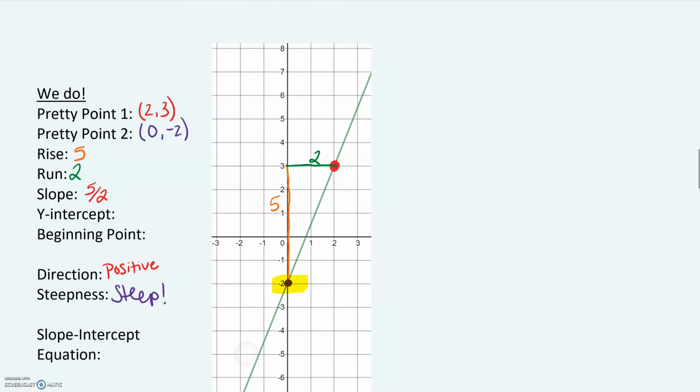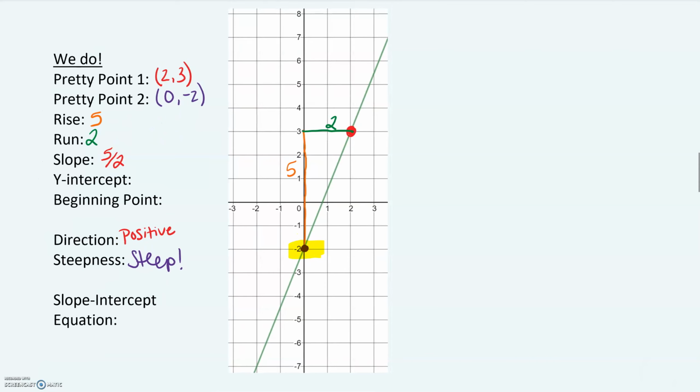So our y-intercept is at -2. Oops, that's still the highlighter. Our y-intercept is at -2, and so our beginning point is the same one from up here. We're just going to say that it is (0, -2).